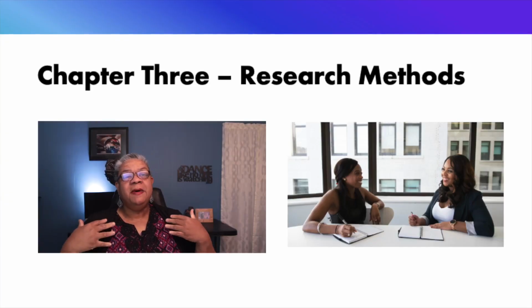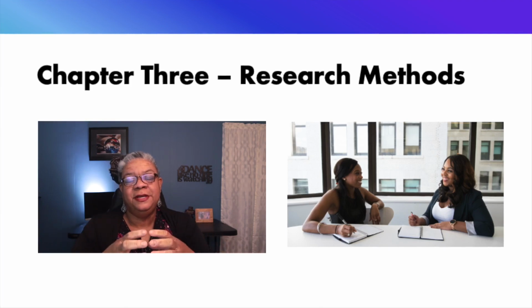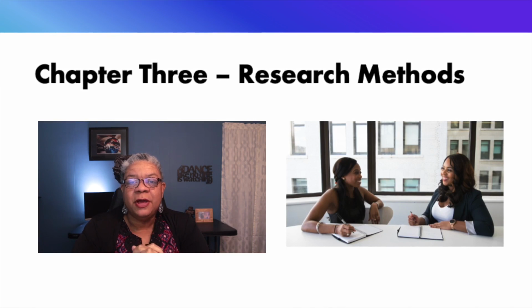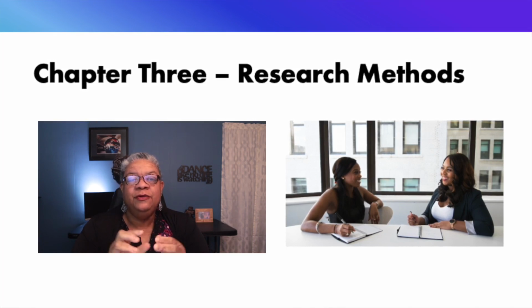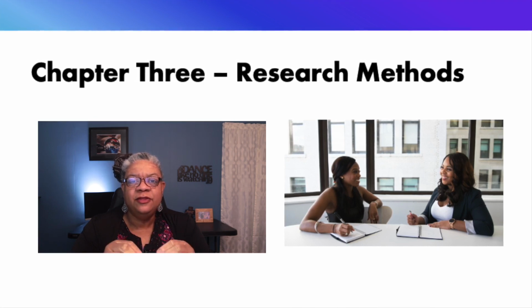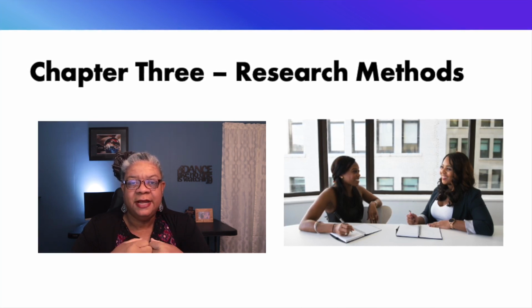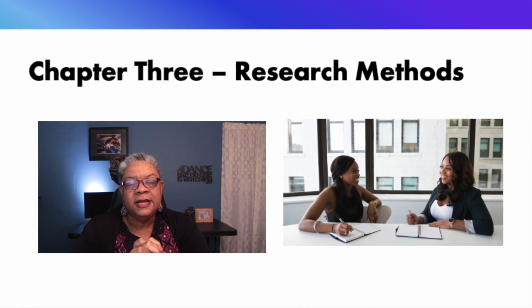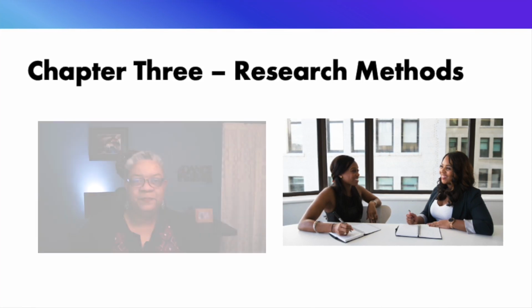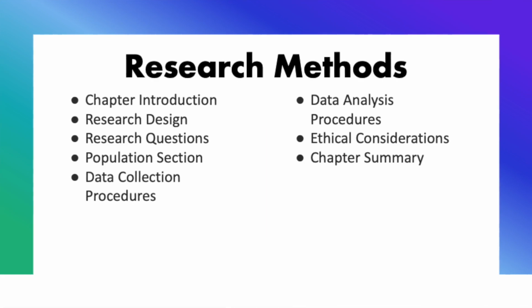Now, chapter 3 is my personal favorite chapter in dissertations. It is the part of the dissertation where you talk about your research methods. You talk about research questions, you talk about the methods you'll be using to gather your data. So here's what is contained in chapter 3 of your dissertation. Again, you should have a chapter introduction.